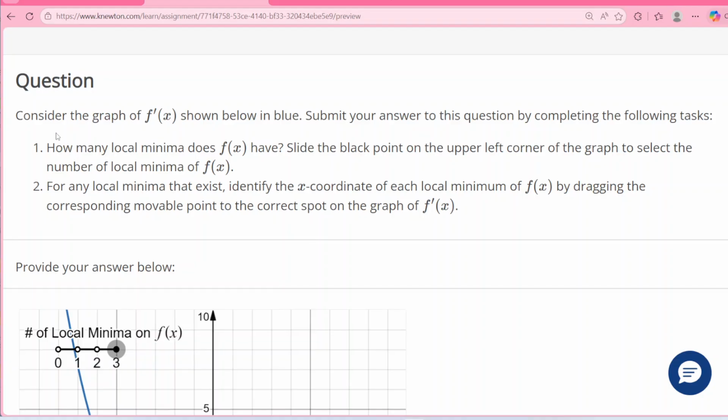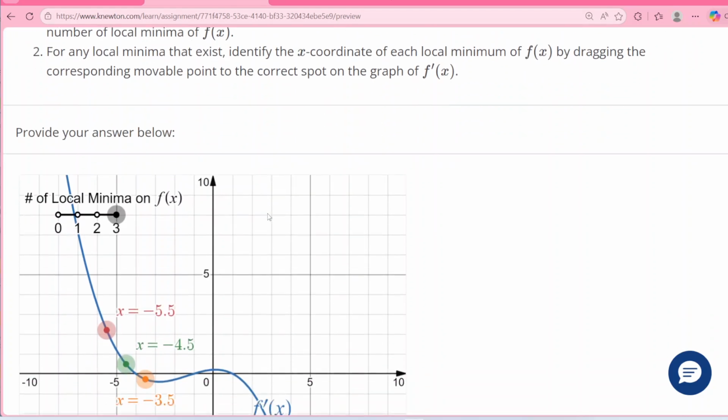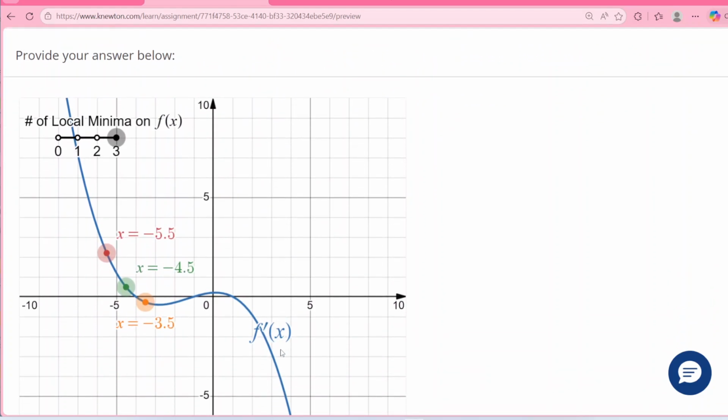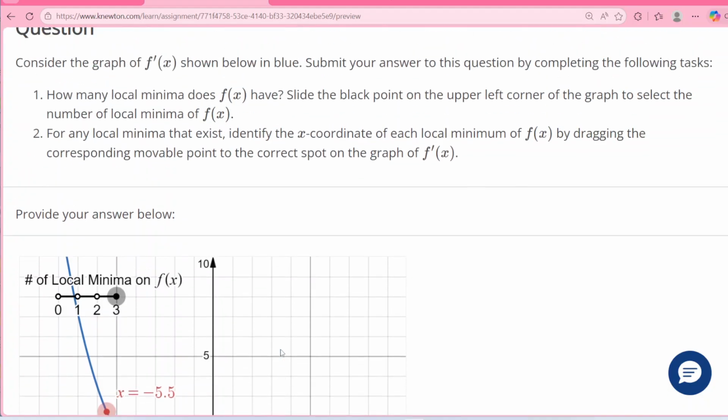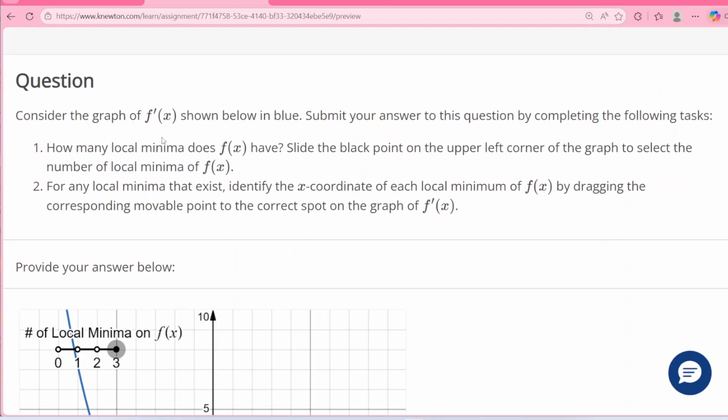Consider the graph of f prime shown below in blue. So this is the graph of the derivative, kind of like in the last one where I looked at the graph of the derivative first and then the original. Submit your answer to this question by completing the following tasks.